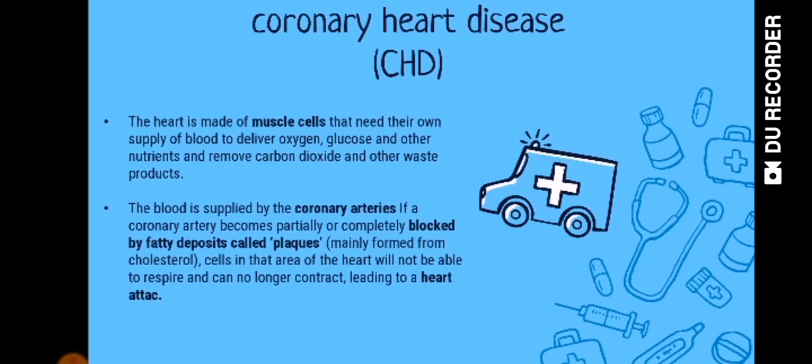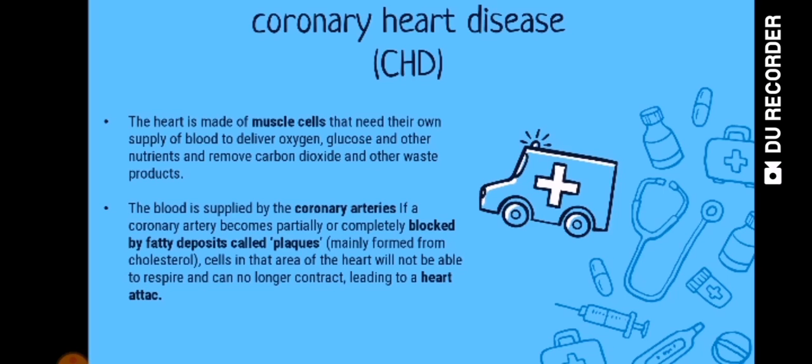If a coronary artery becomes partially or completely blocked by a fatty deposit called a plug, these plugs mainly formed from cholesterol, cells in that area of the heart will not be able to respire and can no longer contract, leading to a heart attack.